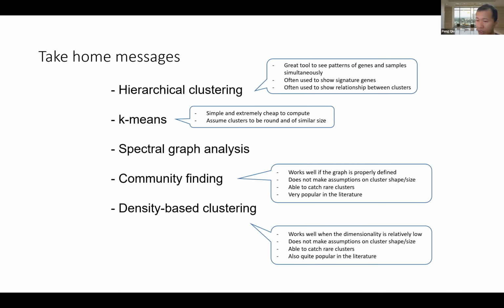Now, if we are thinking about single cell analysis, where in our data matrix each column is an individual cell, then when we cluster the cells into cell clusters, these cell clusters potentially could correspond to different cell types and even cell subtypes or cell states that we didn't know before this analysis.